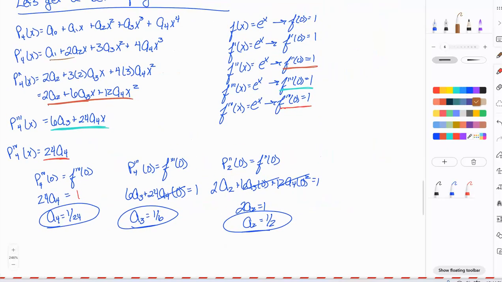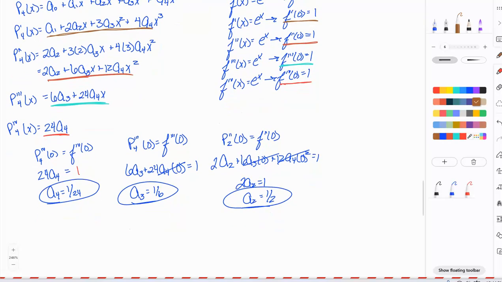And then I need to compare those first derivatives. So the first derivative of the fourth order polynomial at 0 has to equal the value of the actual first derivative at 0.